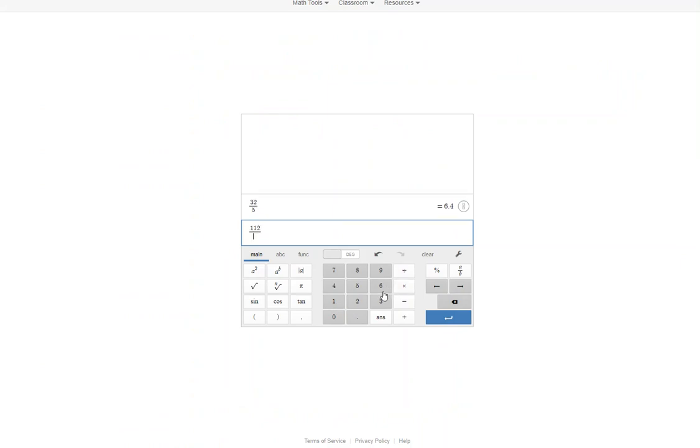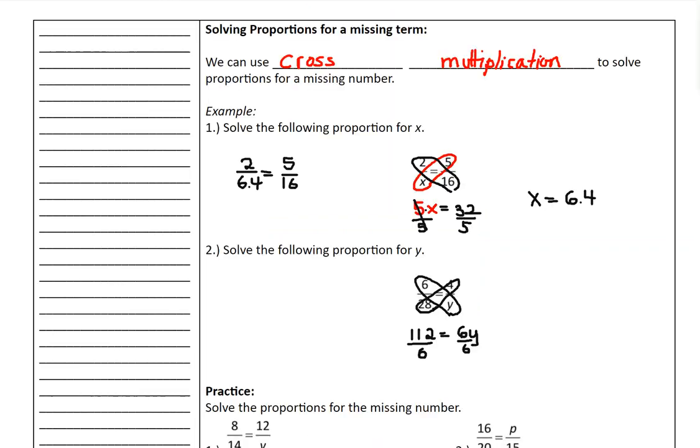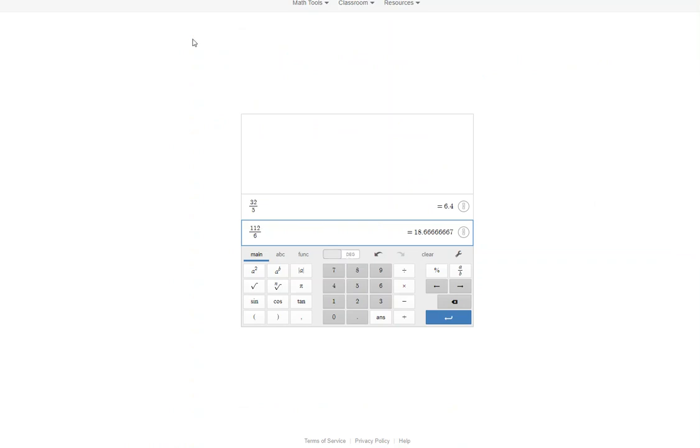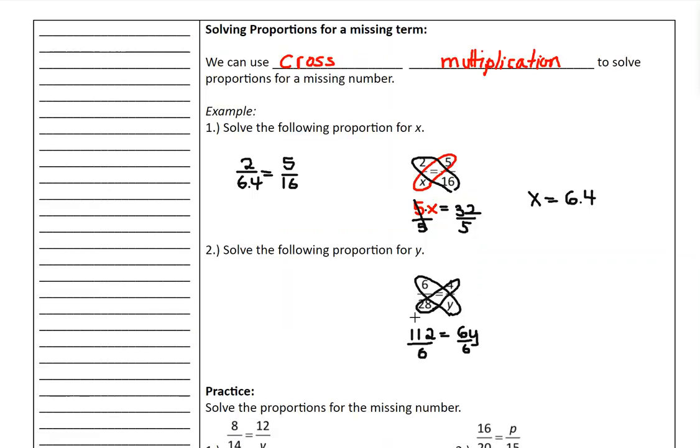112 divided by 6, and we end up with 18.66 repeating, or 18.67. So we'll round to 18.7.